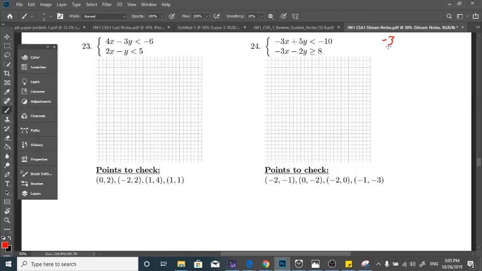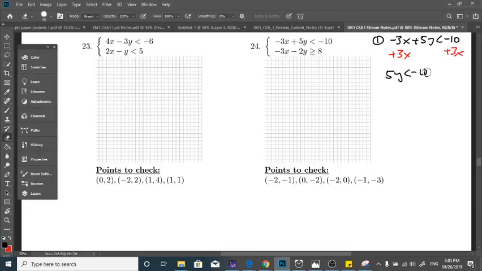So I'm gonna do the work for these two. So the first equation, I meant to do that in black, is going to be minus 3x plus 5y less than 10. So again, add 3x to both sides. 5y is less than negative 3.